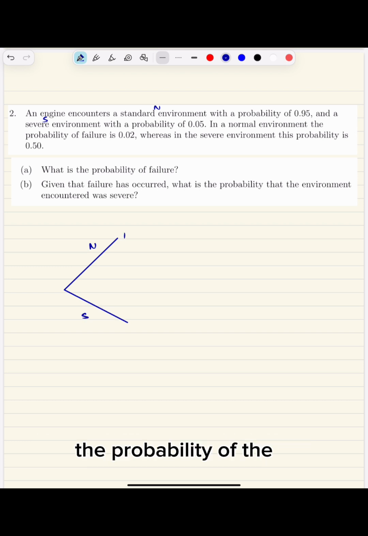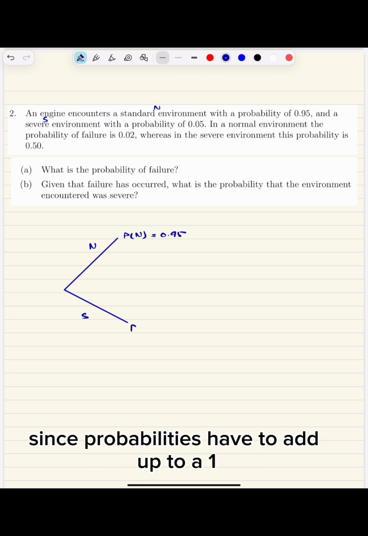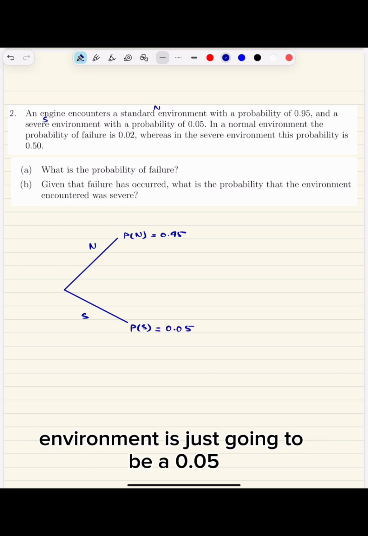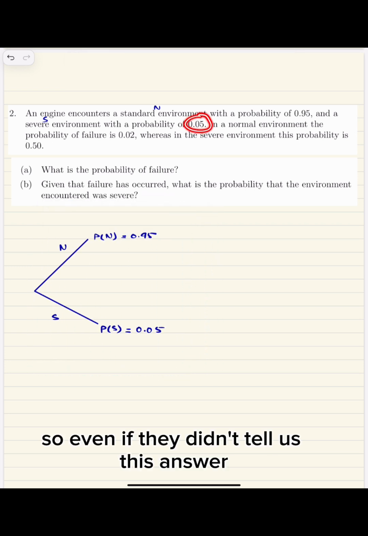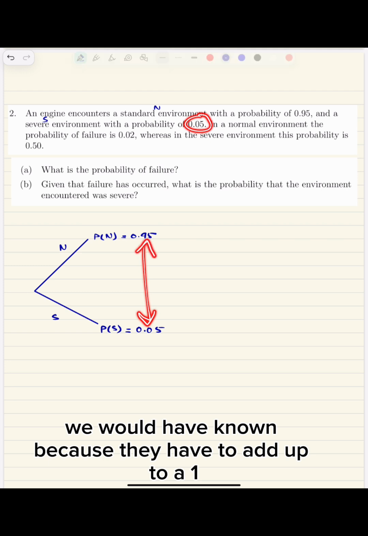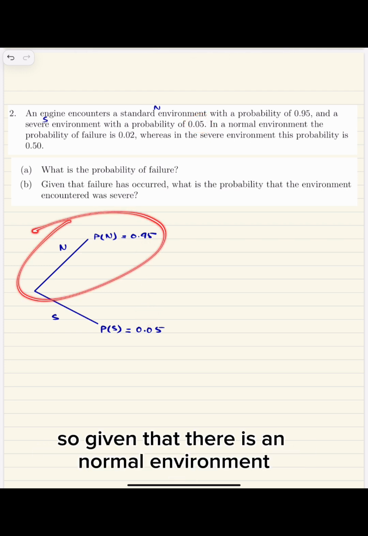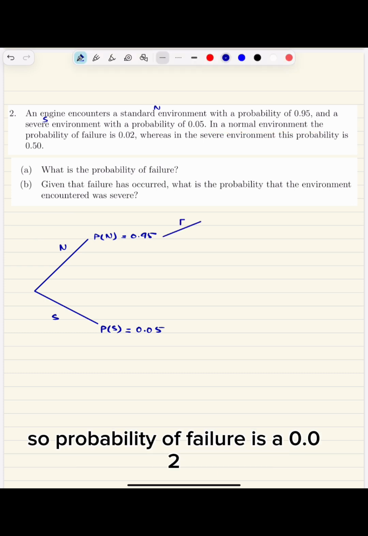Okay, the probability of the standard environment is 0.95, and since probabilities have to add up to 1, the probability of the severe environment is just going to be 0.05. So even if they didn't tell us this answer, we would have known, because they have to add up to 1. In a normal environment, the probability of failure is 0.02.